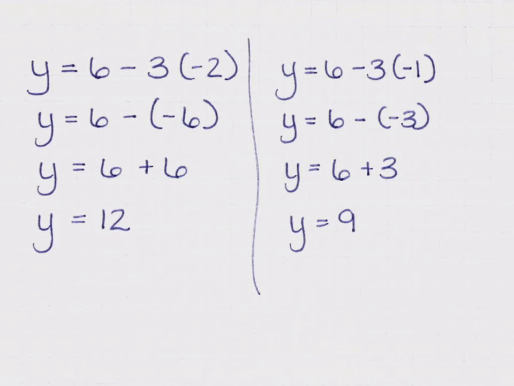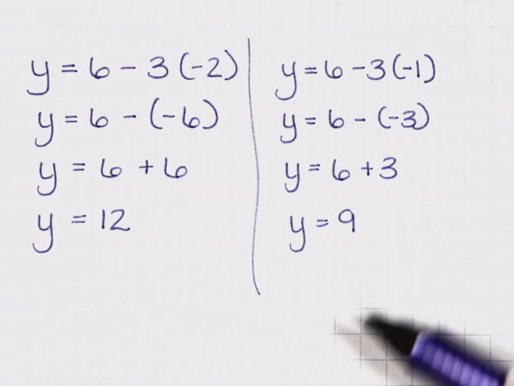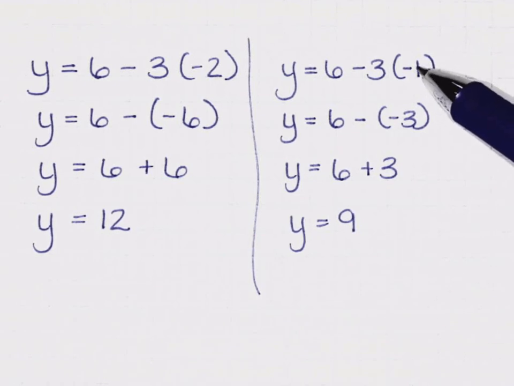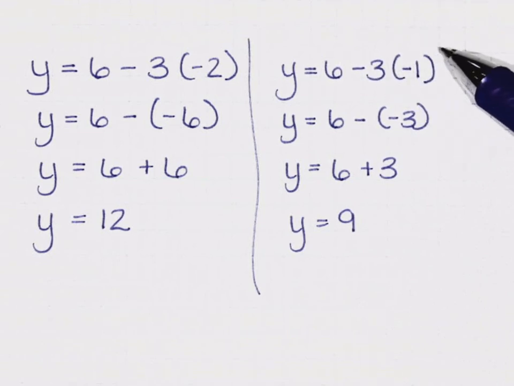Yeah, 0 is 6. Because what's 3 times 0? What's 3 times 0 if I put a 0 in here? 0. What's 6 minus 0? 6, right? So it's easy ones, right? I like doing the easy ones.